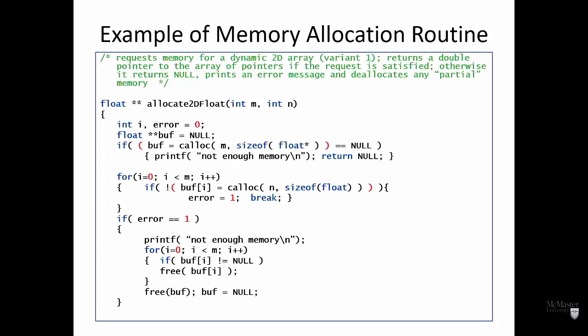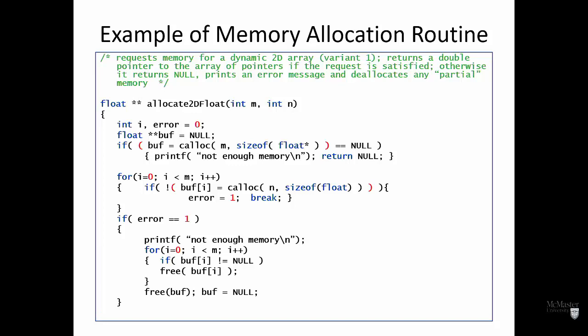I told you previously, if malloc or calloc failed to allocate, it returns a null pointer. And if null is completely equivalent to if 0, right? So this is how to check whether malloc or calloc succeeded or not. If they return null, that means they failed. And then you say printf not enough memory. You already failed. Good? And this is for the first array, which is the array of pointers.